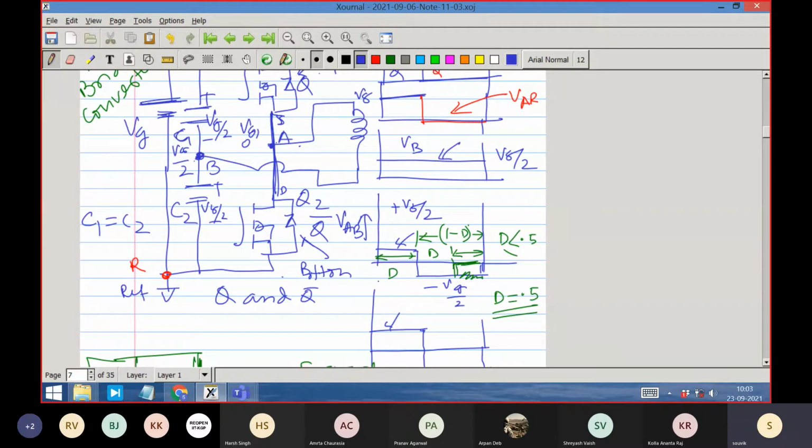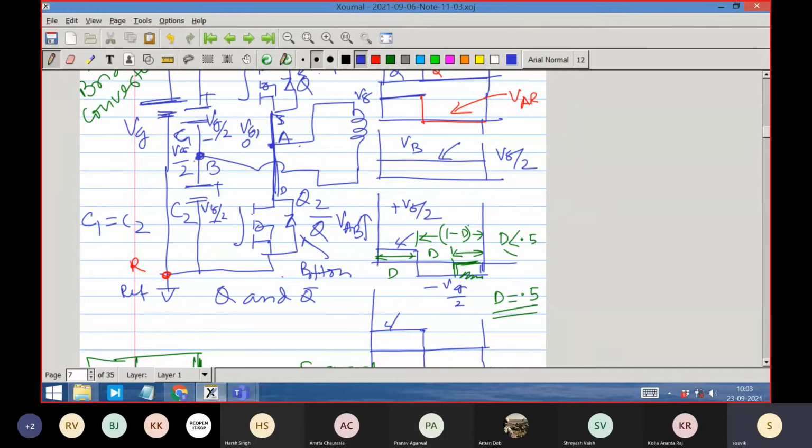Now if you make Q2 on for the rest of the time, thinking that the signals are complementary, so when Q is on, Q bar is off. I am not suggesting this; I will show that this is a problem. There is no problem from the circuit point of view, but there is a problem from the transformer volt second balance point of view, because volt second balance expects that the time for which Q is on and the time for which Q bar is on cannot be different.